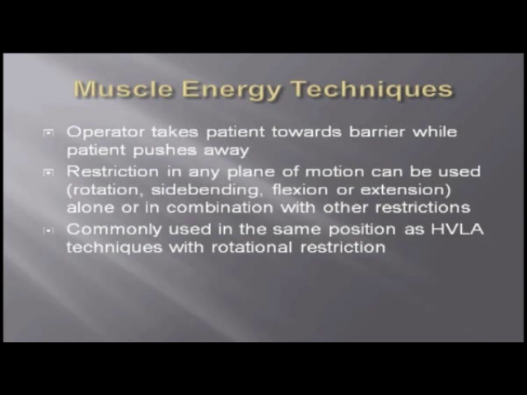So in this case, if I had T4 that was side bent right and rotated left, I'm going to go ahead and side bend them left and rotate them right, and then have them push back towards their side bent right, rotated left. So I'm going to have them push back towards what they can do. And we'll demonstrate this with Adam in a couple of minutes.